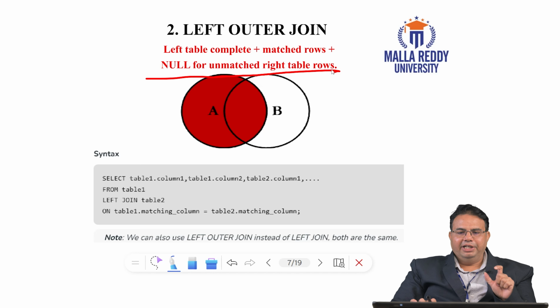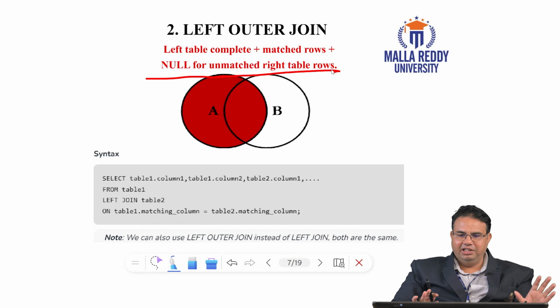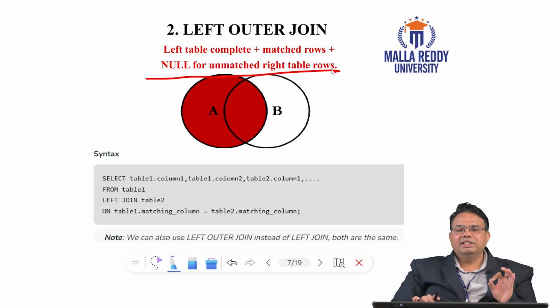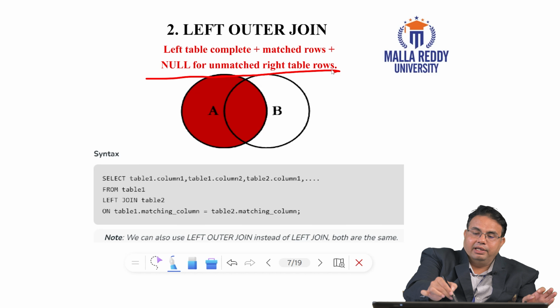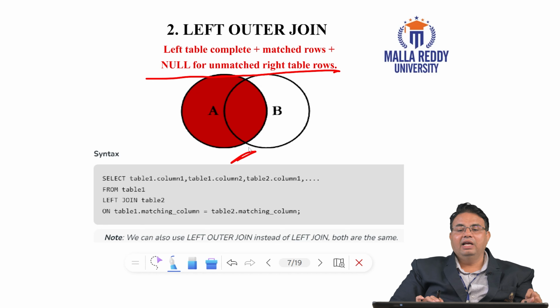Left table complete plus matching rows plus null for unmatched right table rows means: the complete set of rows from the left table, that is A, will be displayed. Matching rows of A and B will be displayed. And for whatever rows are left from table B, those will be shown as null.